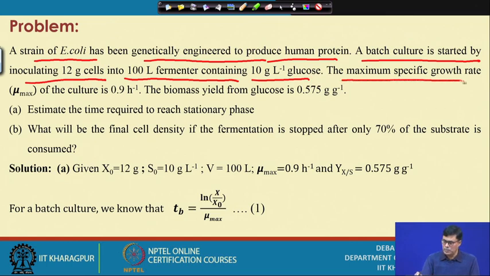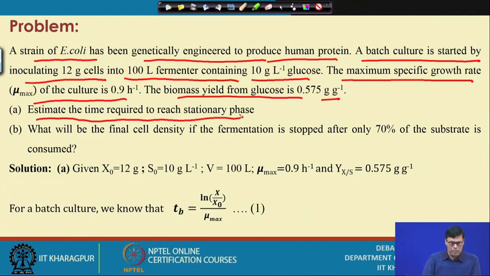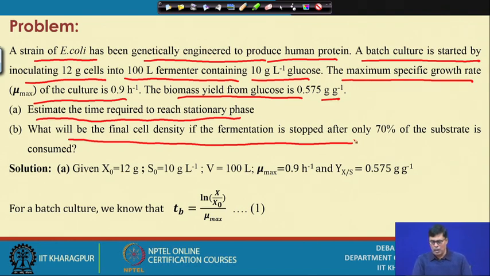The maximum specific growth rate of the culture is 0.9 per hour. Biomass yield from glucose is 0.575 gram per gram. So, the first problem: estimate the time required to reach the stationary phase, and what will be the final cell density if the fermentation is stopped after 70% substrate is consumed.